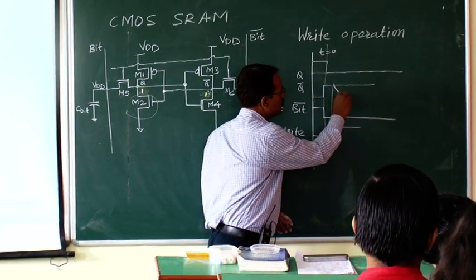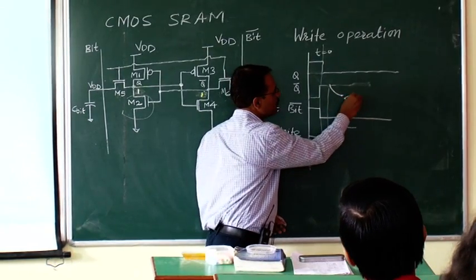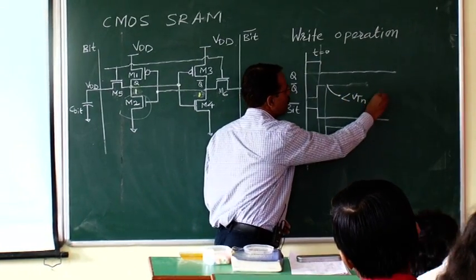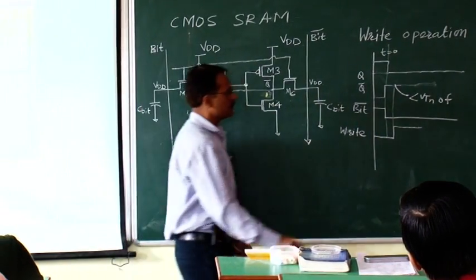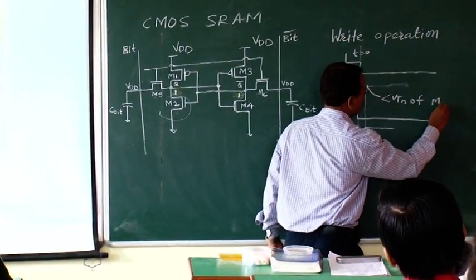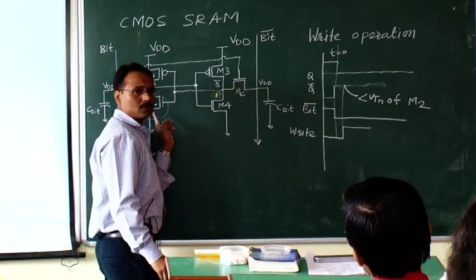Yes or no? This node starts decreasing, and when this voltage becomes less than VTN of this transistor M2, then what happens? M2 turns off.